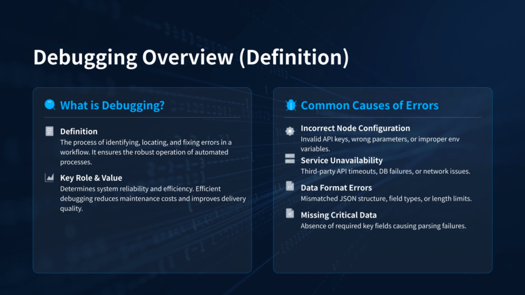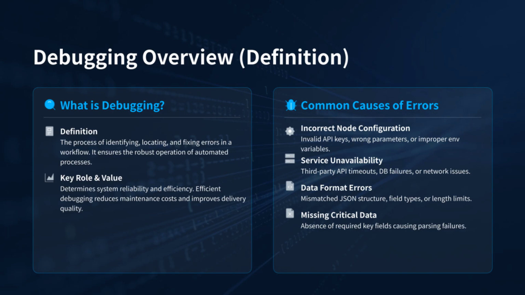Now, here are the 4 most common causes of errors. Memorize these, because you'll encounter them often. Incorrect node configuration: wrong API keys, bad parameters, or misconfigured settings. This is the number one mistake for beginners. Service unavailability: third-party apps or APIs timing out, database failures, or network issues.